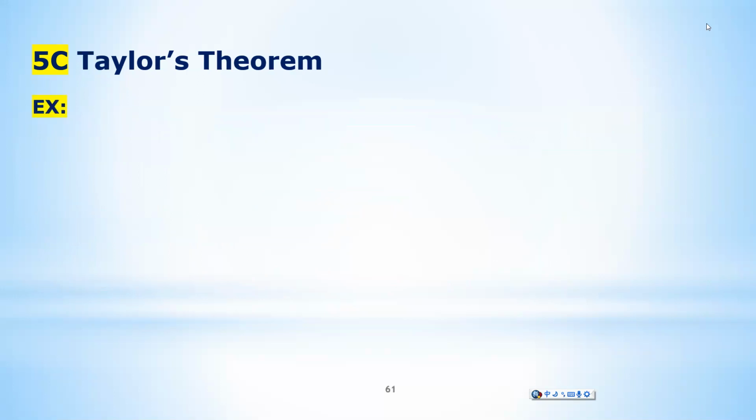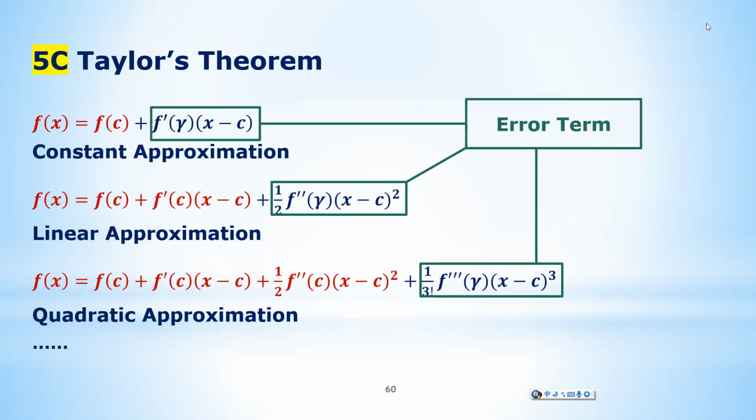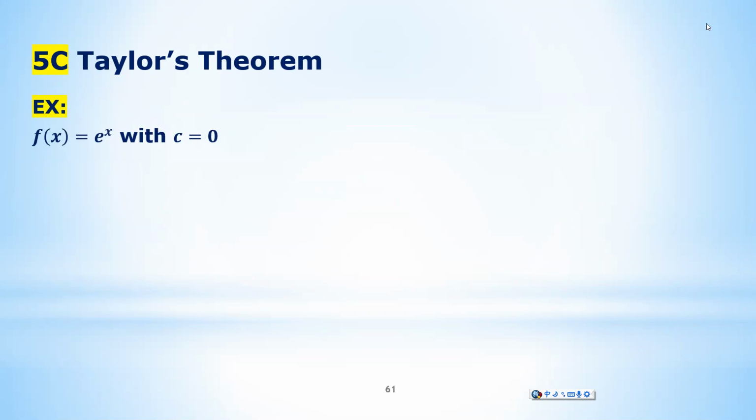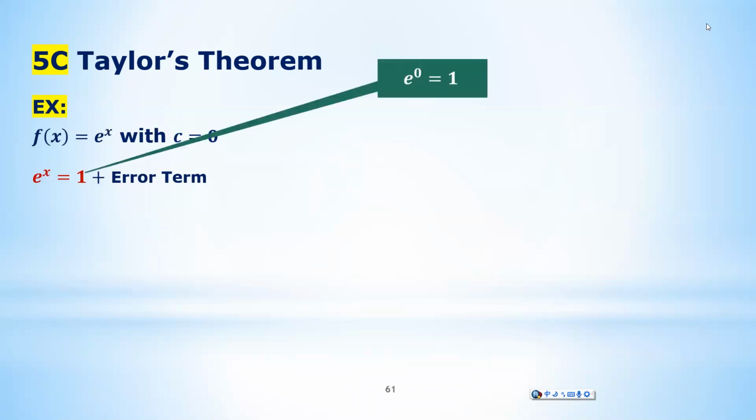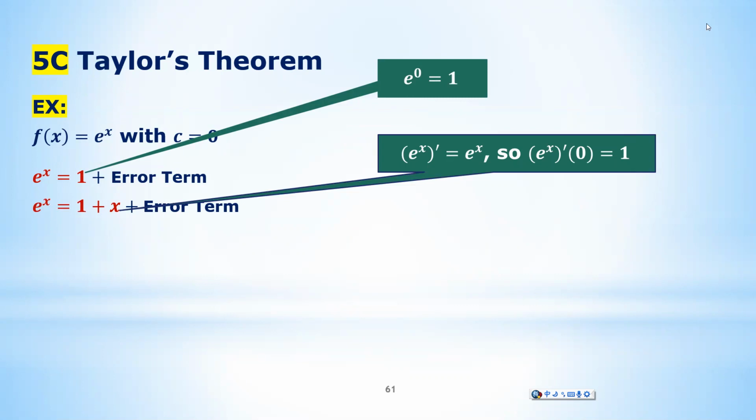Now, let's look at the graph and an example. Think about f(x) equal to e^x, the exponential function, and choose c equals 0, and then you can compute. The constant approximation is just e^x equals 1 plus the error, because e^0 equals 1. Then the linear approximation is just 1 plus x, because the derivative of e^x at 0 is also equal to 1.